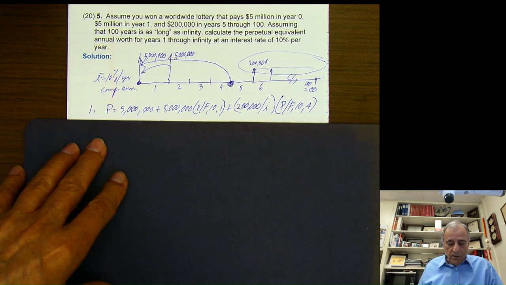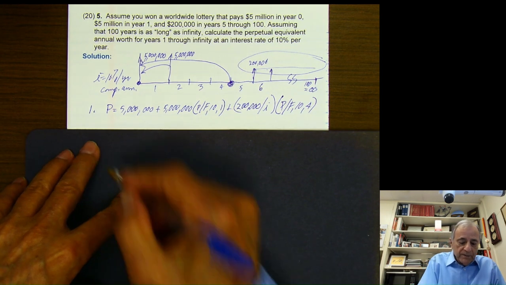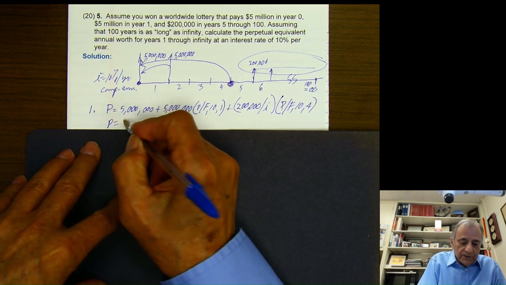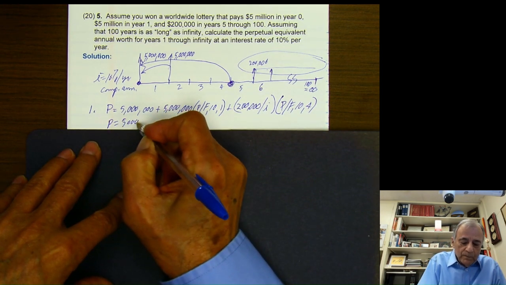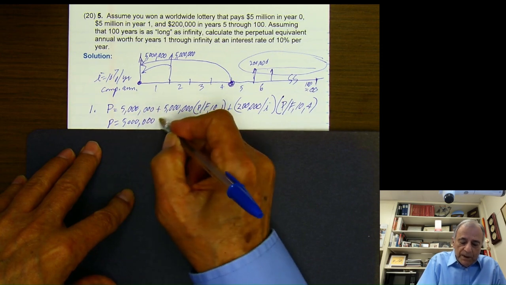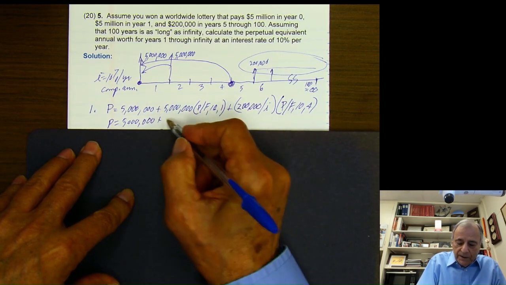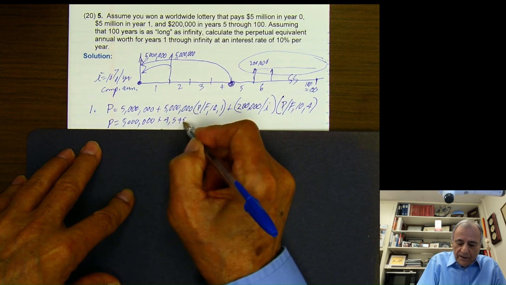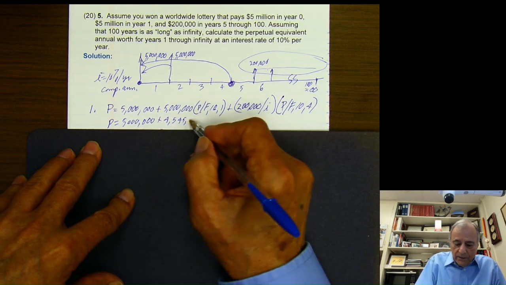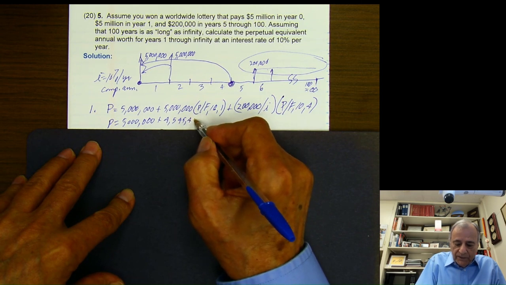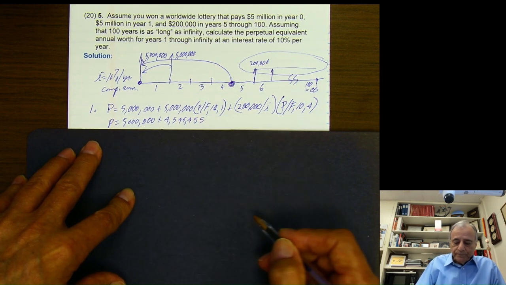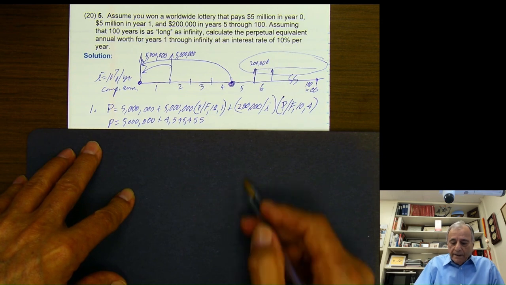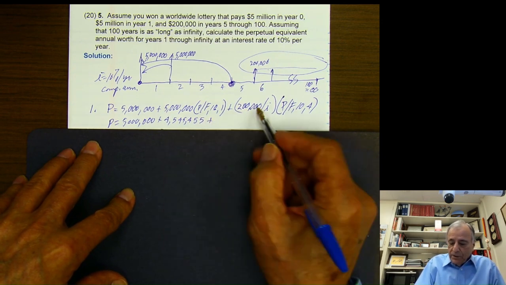If I work out some numbers here, I'm going to get P equals 5 million plus this function is going to give me 4,545,455. And then this is going to be 2 million, right?